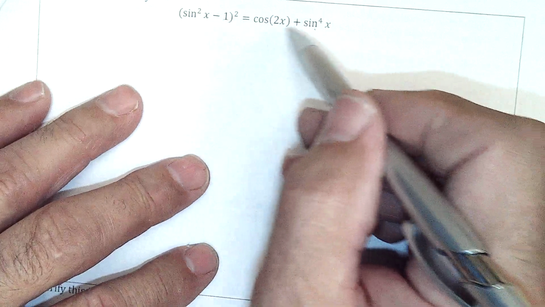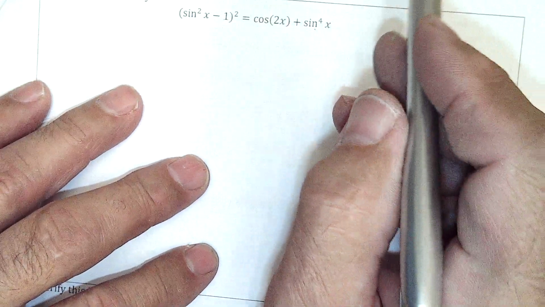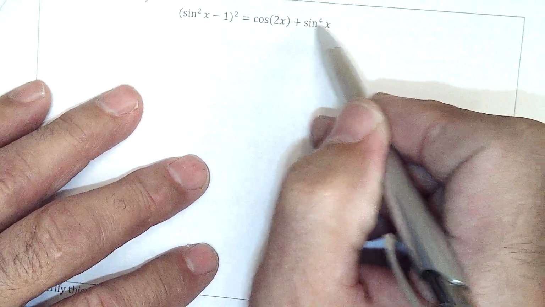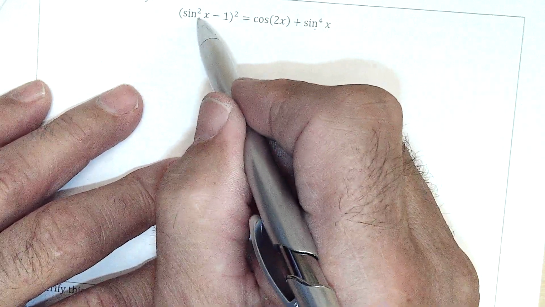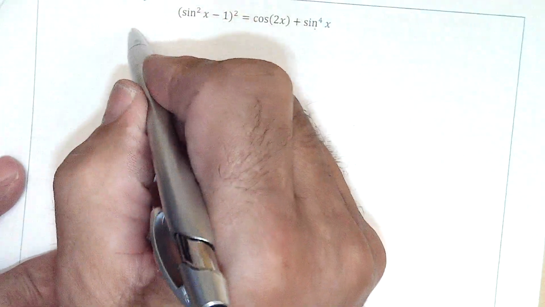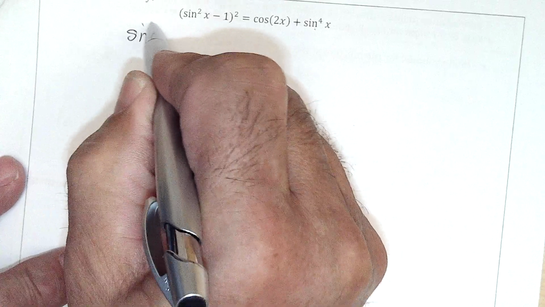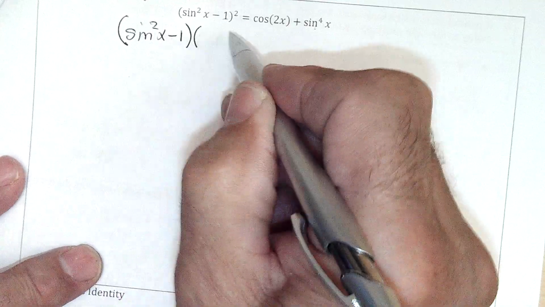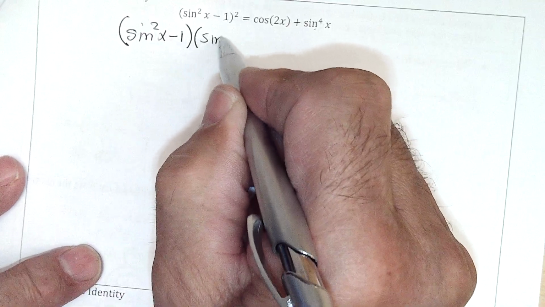The cosine to the fourth is another one that equals this. But we want to get sine to the fourth in our answer. So instead of changing this to cosine squared, let's go ahead and square this quantity by going sine squared x minus 1 times itself. That's what squaring it means.